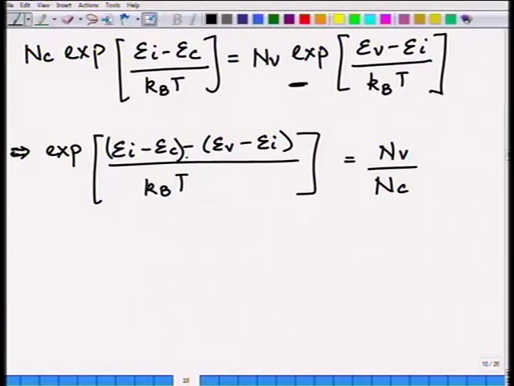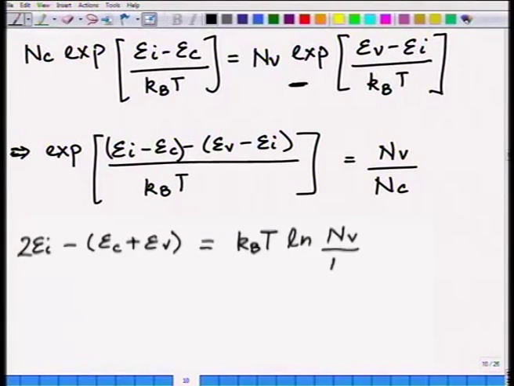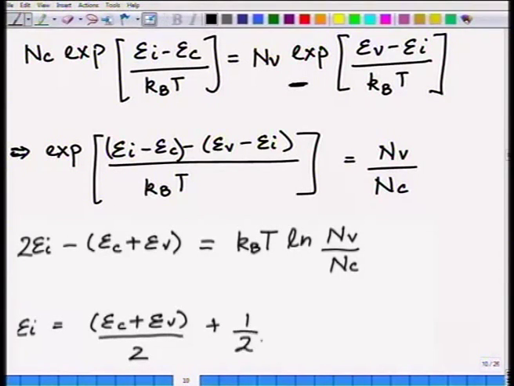Of course, this is simplified here. So we are going to get 2 times EI minus EC minus EV is equal to log of NV by NC, which means EI is equal to (EC plus EV) by 2 plus half log NV by NC.